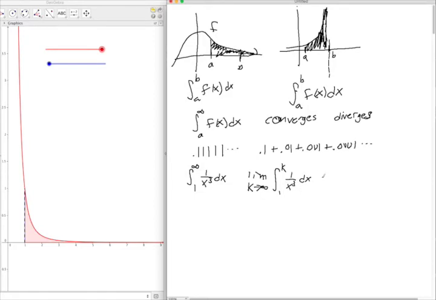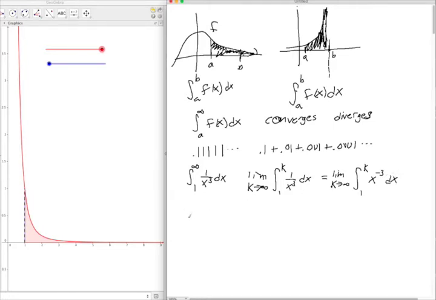So the way I would handle this is I would say this is equal to the limit as k goes to infinity of the integral from 1 to k of x to the negative 3 dx.